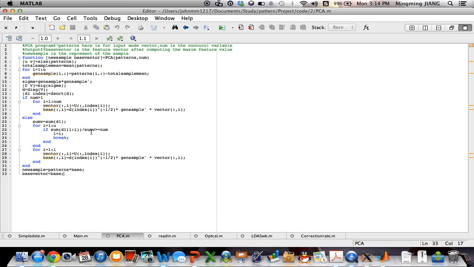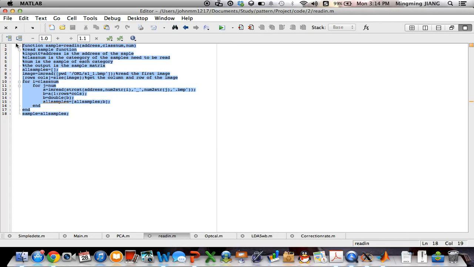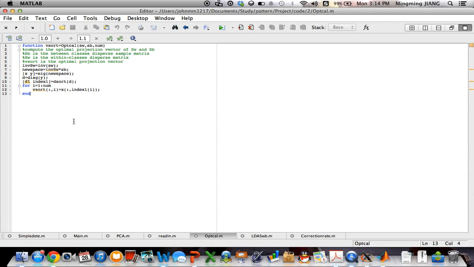This code is used to implement the function of PCA, and this code is used to read in the samples from the database, and this code calculates the optimal vectors, and is used to raise the correction rate.